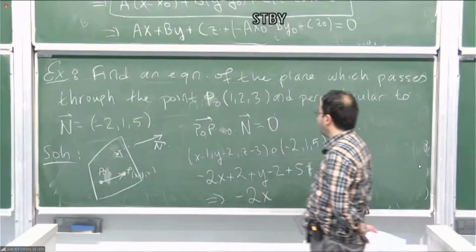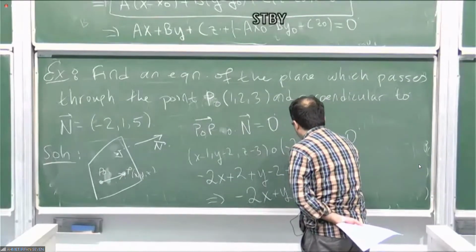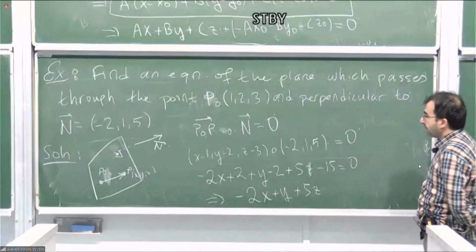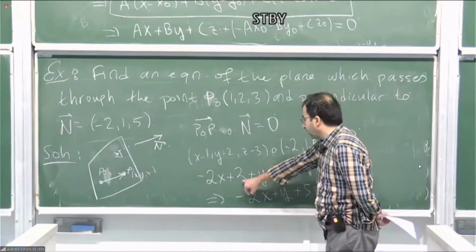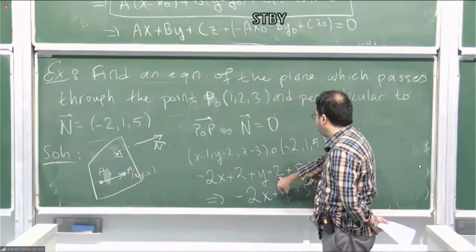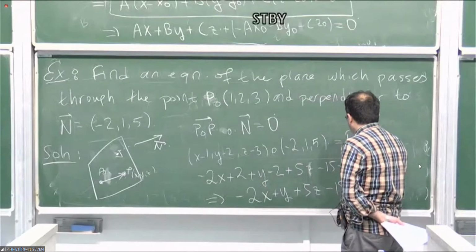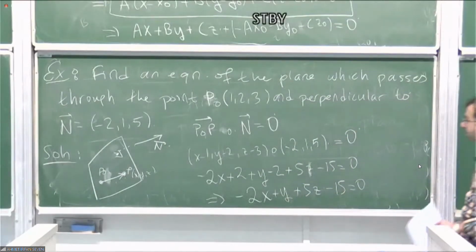So I get minus 2x plus y plus 5z, and then I have two constant terms, 2 minus 2, which will be 0, and then minus 15 equals 0.